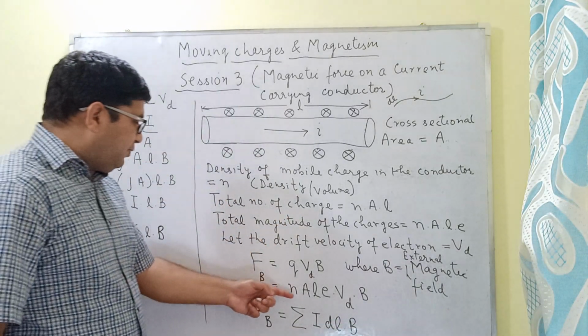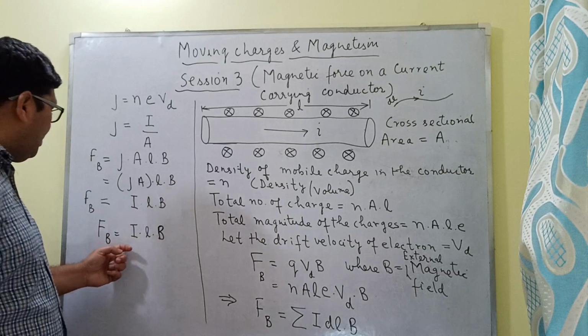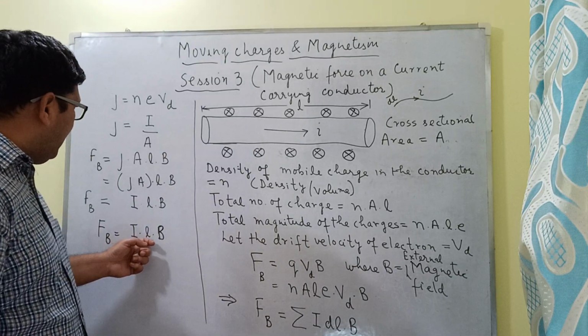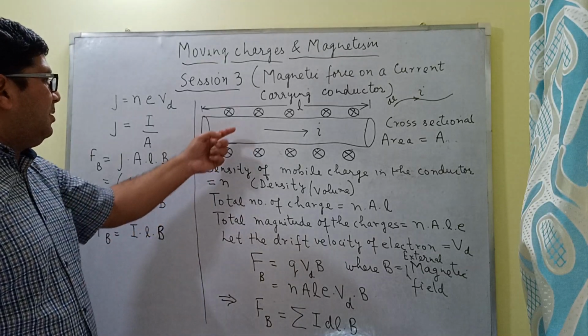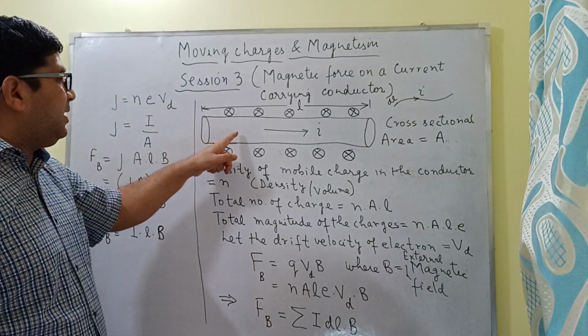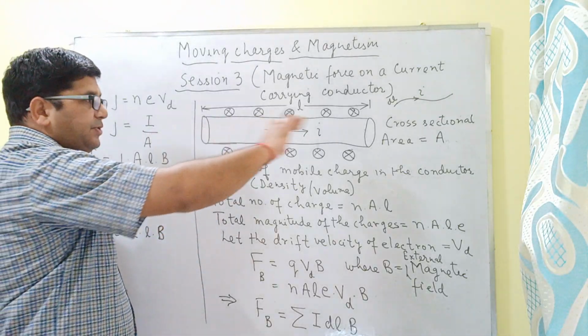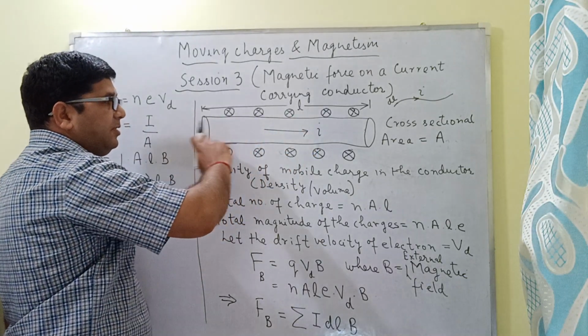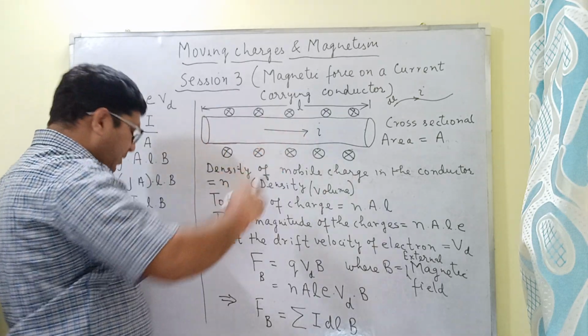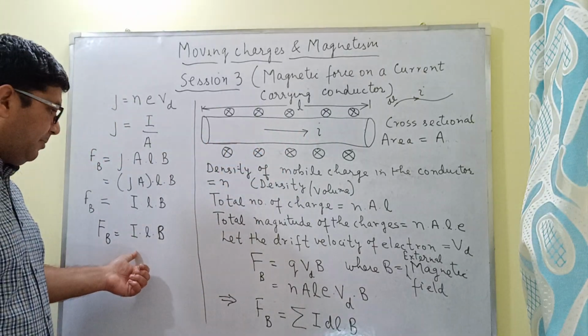So this equation, Fb is equal to I into L into B, is true for a conductor which is straight in length. That is, if the current carrying conductor is straight, then this formula is applicable.